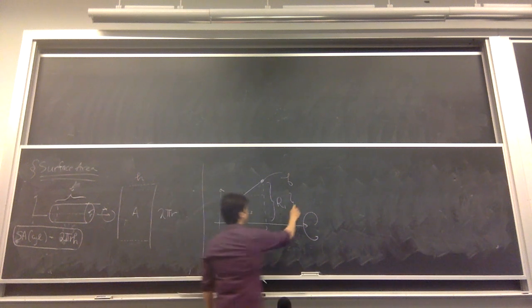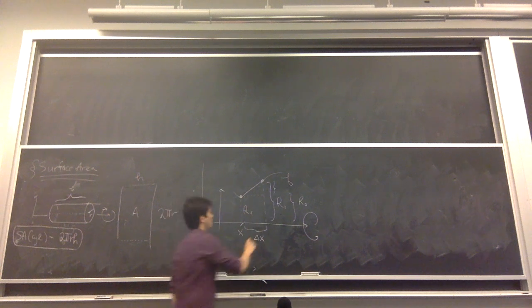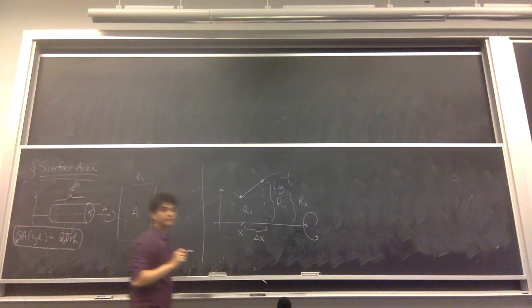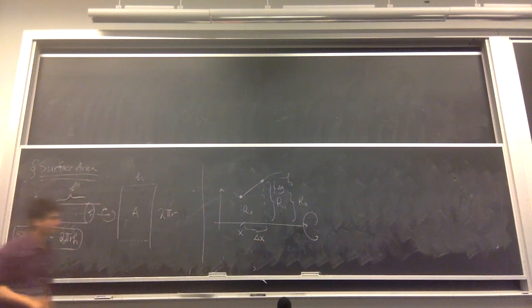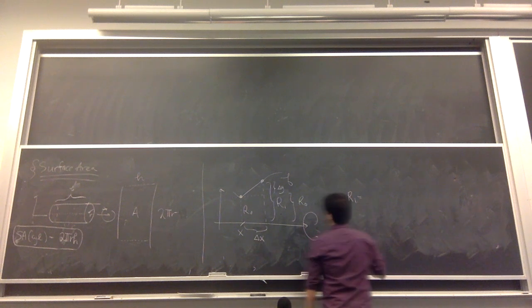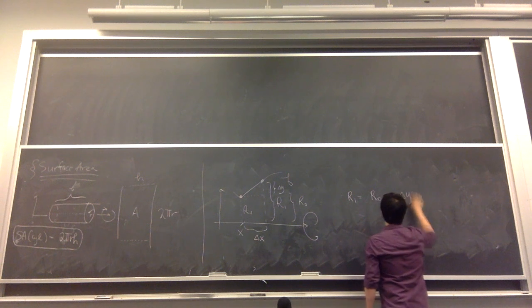R naught. What's this distance? R1 minus R naught, which I'm going to say is delta y, what we just established. So R1 is equal to R naught plus delta y.